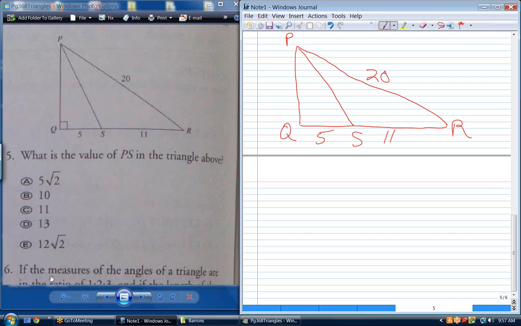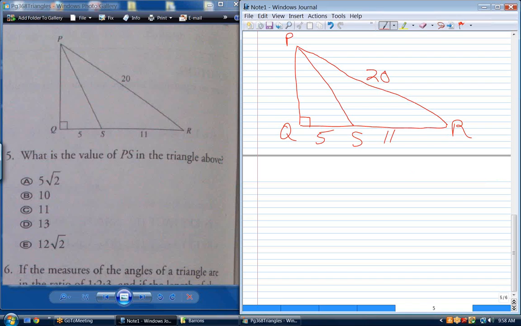All right, so we have a triangle here. Usually when they ask about triangles, the goal is to just start filling in the missing pieces that you don't know. They've given us QR, 16, and PR, 20. Can we figure out PQ?